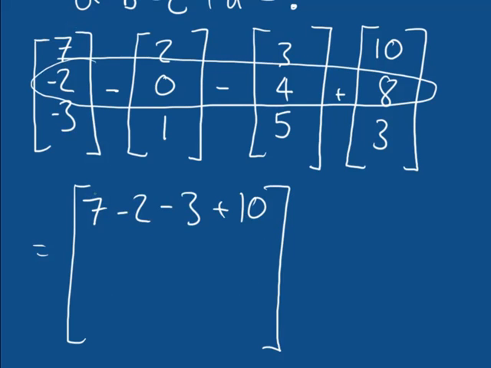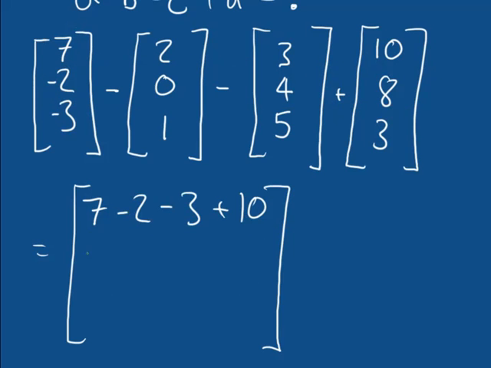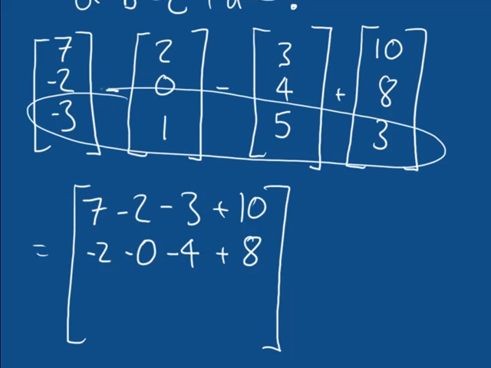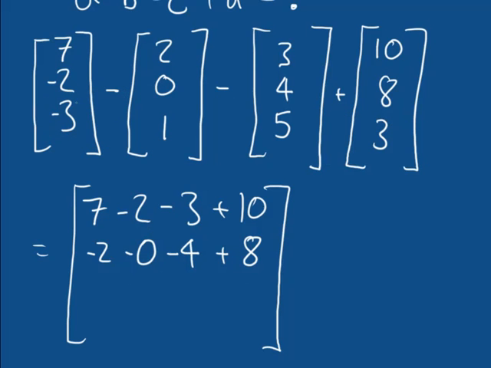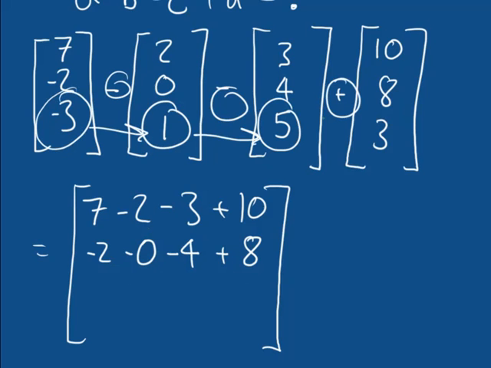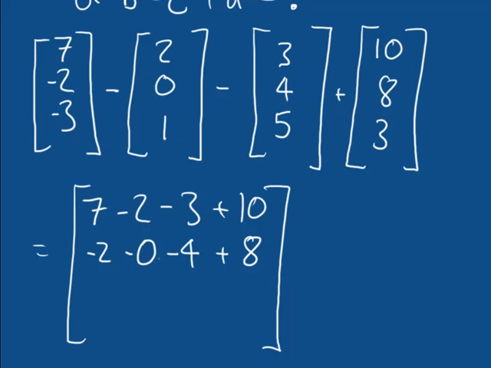So we have minus 2, minus 0, minus 4 plus 8. And for the third component, we're interested in the third components of our vectors. That gives us minus 3, minus 1, minus 5, plus 3.